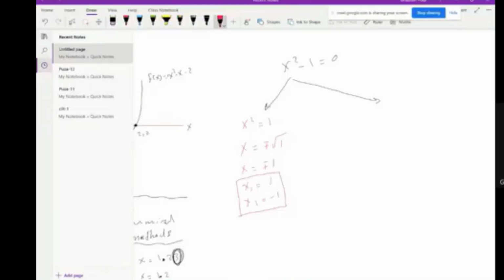When I have x squared, how many solutions must I have? Two solutions. Yes, why? Because we have x squared, not 2x.